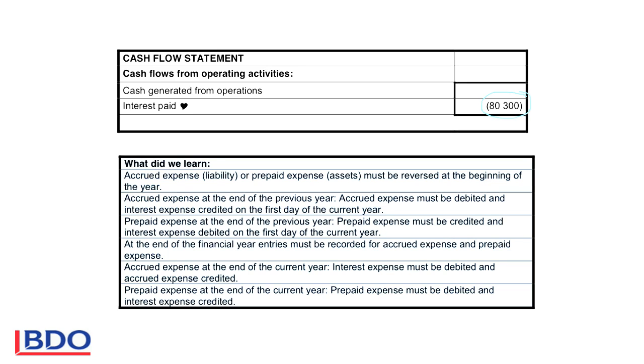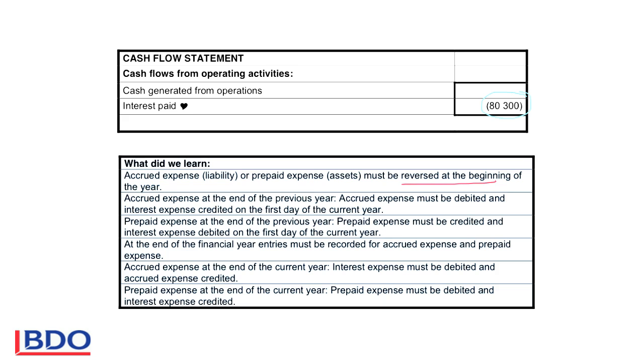What did we learn today? Accrued expense is a liability, and prepaid expense is an asset, and both of them must be reversed at the beginning of the next financial year. Accrued expense at the end of the previous year was a balance on the credit side.